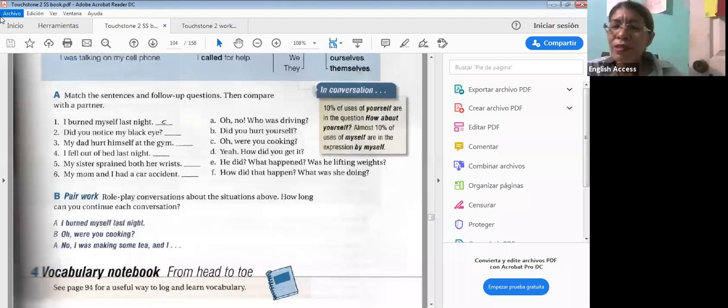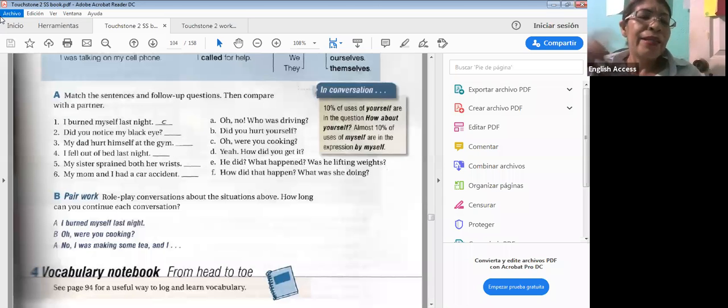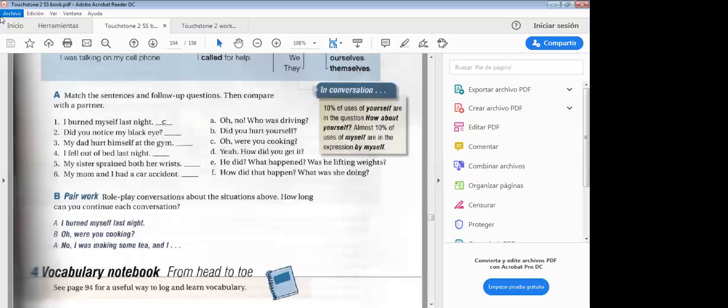And then Damaris, you're going to answer the question. Okay? Do you understand? Numbers one, two, and three, Damaris, you're going to begin, and Luis, you are going to ask the questions. Then in numbers 4, 5, and 6, we're going to switch. Luis, you're going to start with the sentence, and Damaris, you're going to ask the questions. Okay, so let's begin.